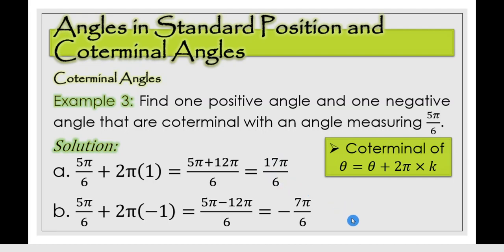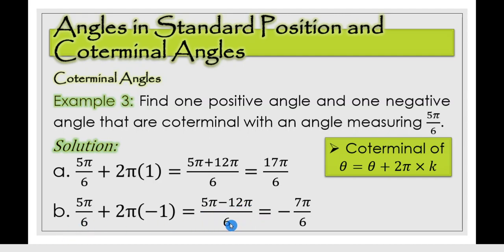Next one is 5 pi over 6 plus 2 pi times negative 1. Bakit nga negative 1 instead of positive 1? Kasi nga, we are about to find negative angle. So, dapat negative rotation ang meron tayo so that the value of k must be negative 1. Equals 5 pi minus 12 pi over 6. Bakit naging ganon?